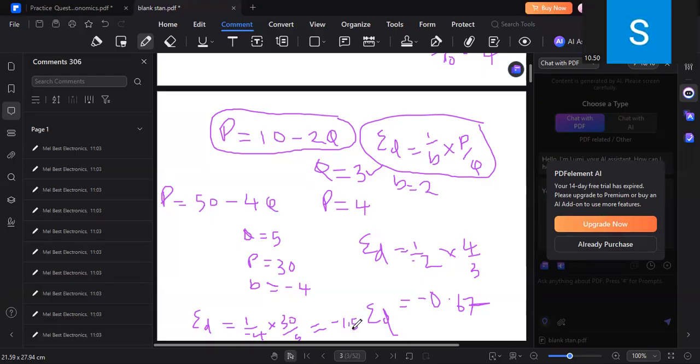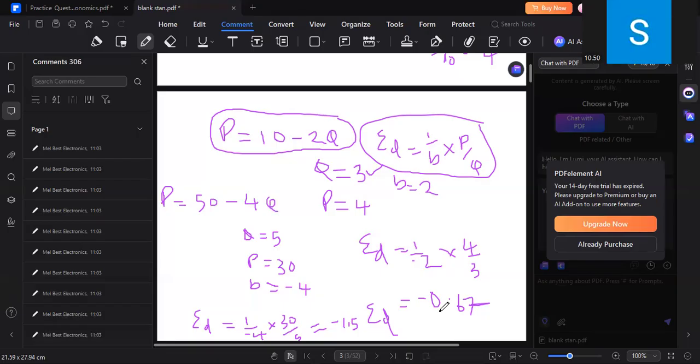Inelastic or elastic? Are you sure? It's negative 1.5. It's above 1. So is it elastic or inelastic? Sorry, it's elastic. Inelastic is anything starting with a 0 point something. Yes.